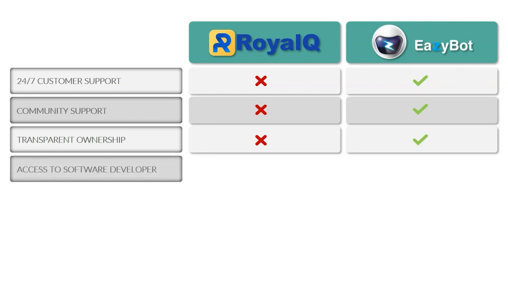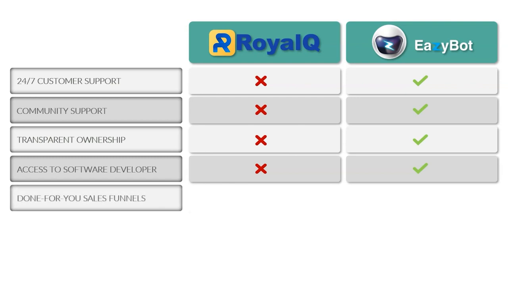In terms of access to the software developer, we don't know who coded it with Royal Q. There's rumors that it was a white label of another company, which I won't mention, but with EazyBot, it's fully transparent. Again, we have access to this person multiple times per week on live Zooms inside of the community, so you get to learn from the mind behind the algorithm, which is very powerful.